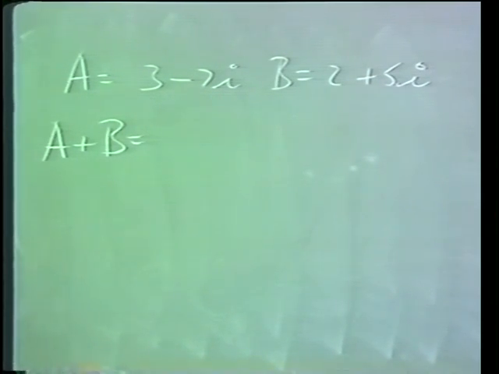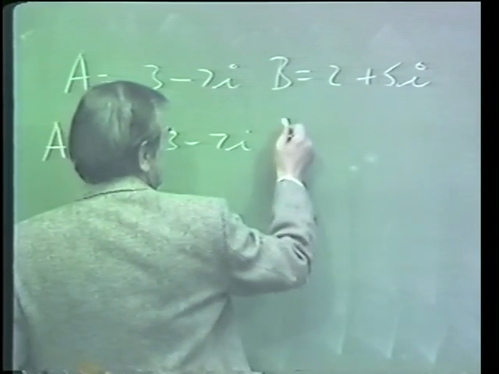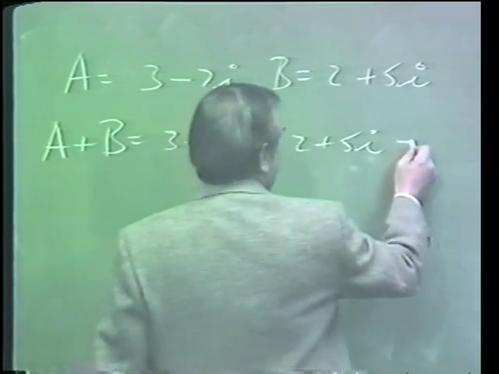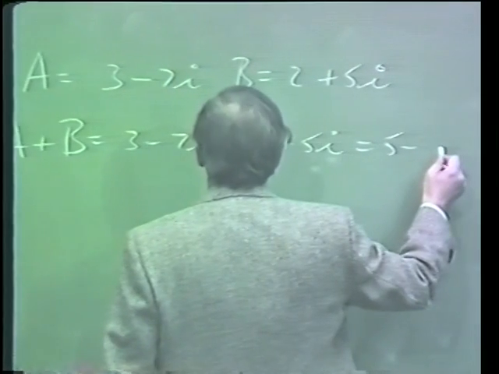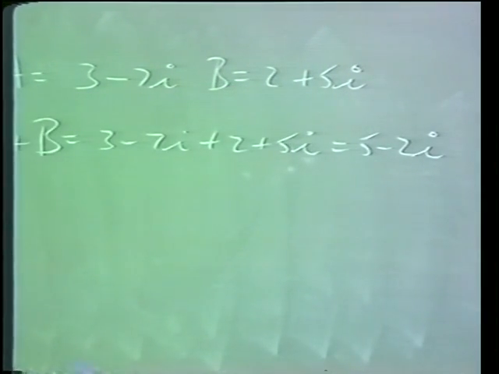Good. 5 minus 2i. That's it. We combine like terms and we come out with Mike's answer, which is 5 minus 2i. Everyone know how to add complex numbers?